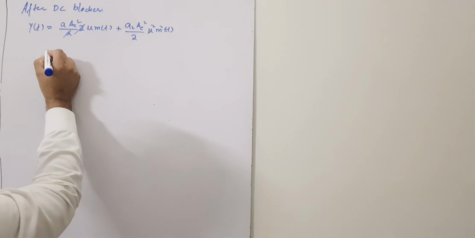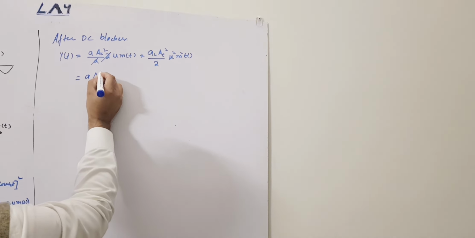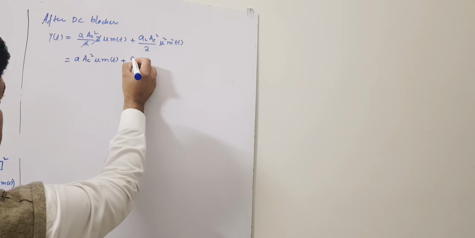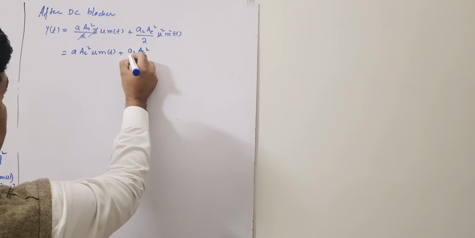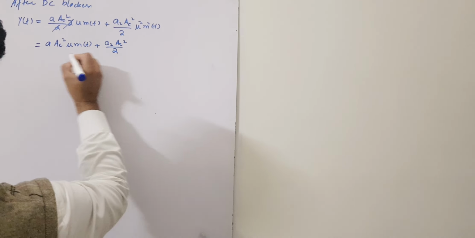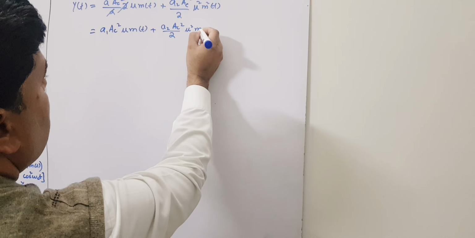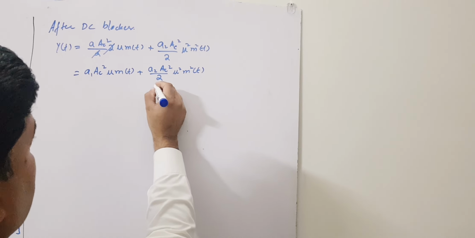So you see, this one is A1 AC square mu of m t, plus A2 AC square divided by 2, and then this one is mu square m square t.